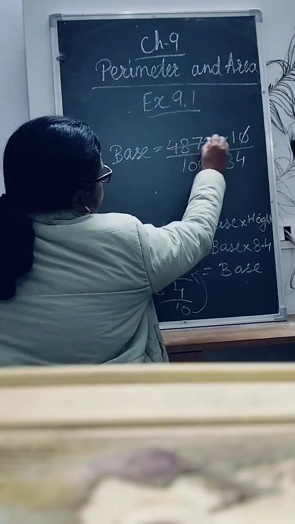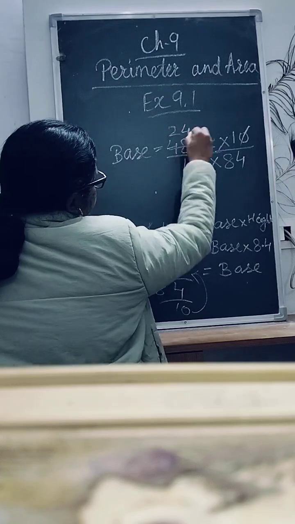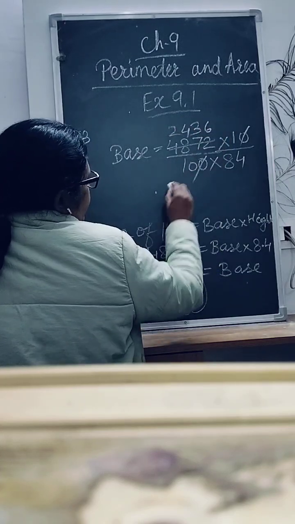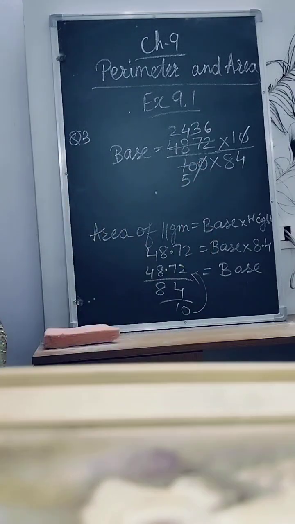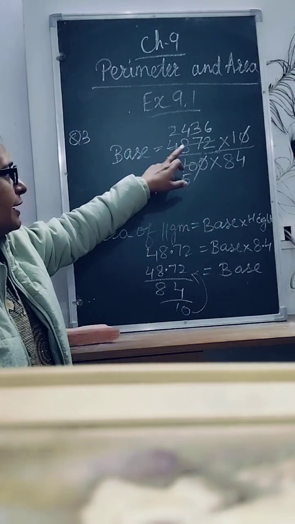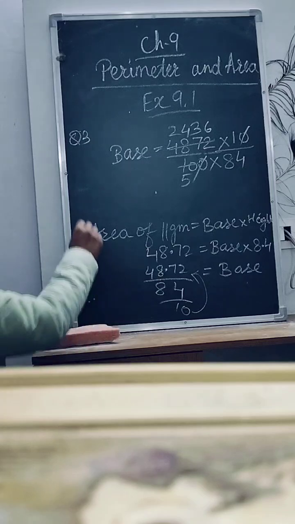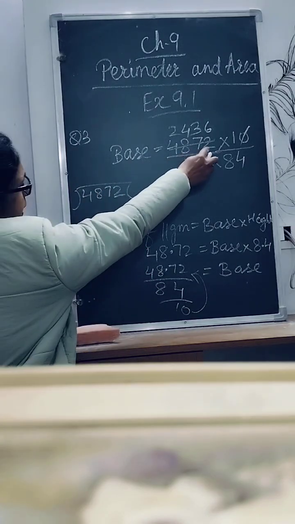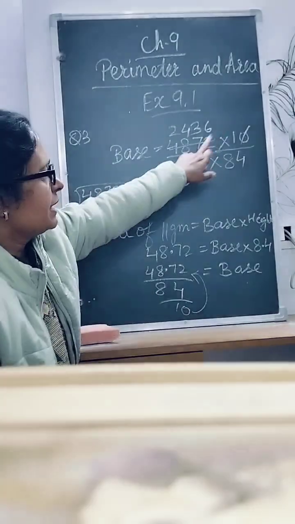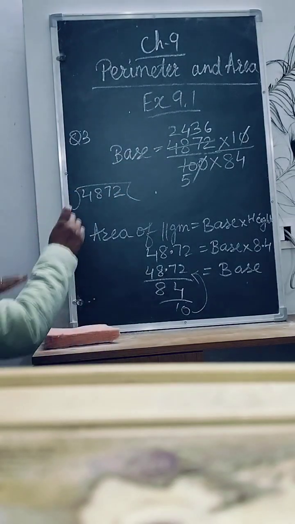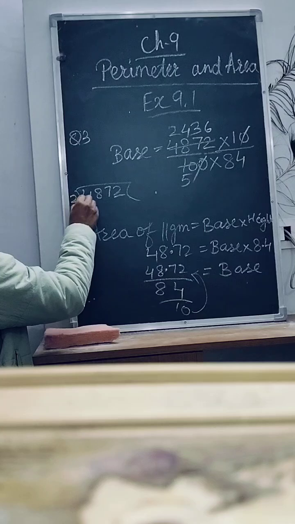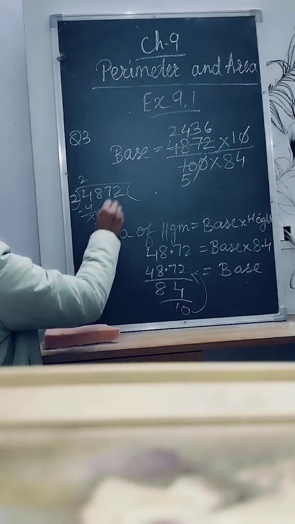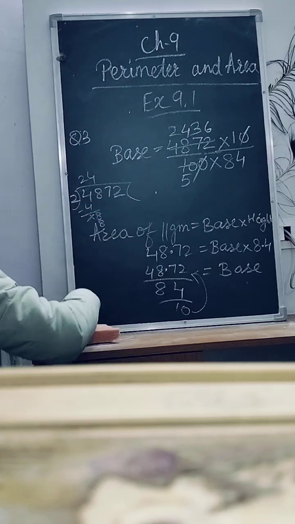So let us write: 2 2s are 4, 2 4s are 8, 2 3s are 6, 2 6s are 12, 2 5s are 10. Okay students, if you find any difficulty, in the rough work area you can do the division with 2.